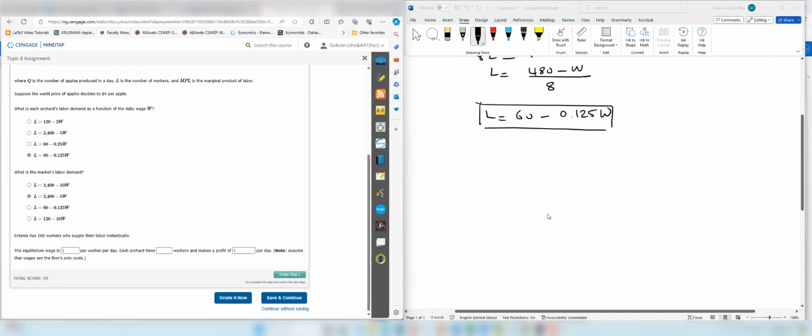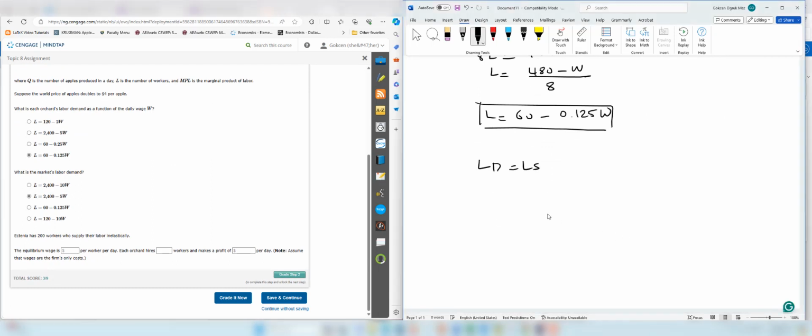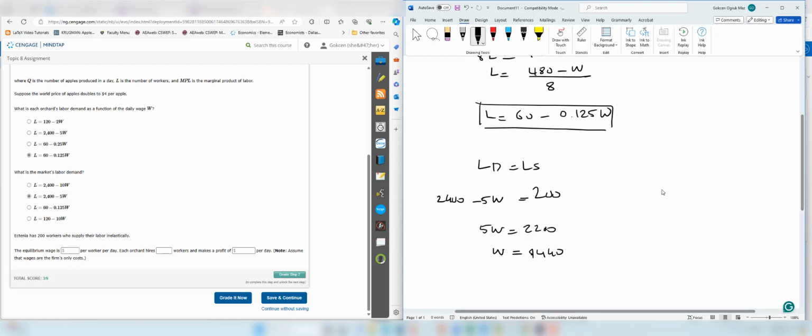For equilibrium wage, labor demand equals labor supply, and labor supply in the market is 200, and labor demand in the market is 2,400 minus 5W. We are going to solve for W here. 5W is equal to 2,200. Therefore, W is $440.